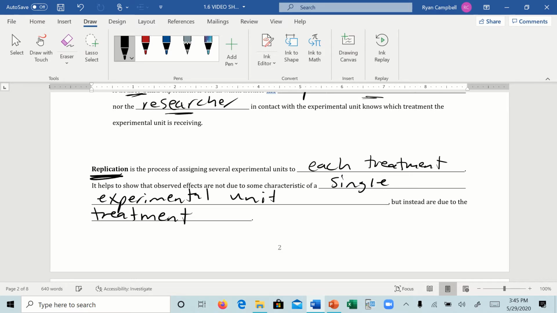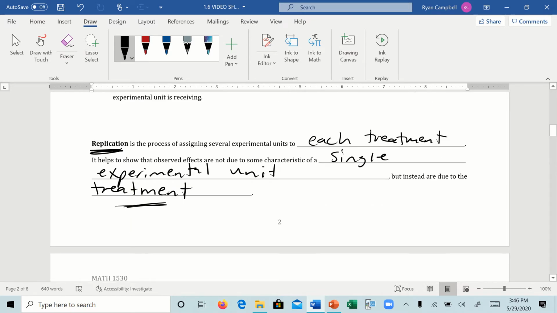So you want to do the process of experimentation over and over with many different experimental units or many different types of subjects, because it could just be genetics, right? A single subject might be getting some good effects, not because of the treatment, but just because that's how their body is wired. So you want to make sure to look at several different experimental units to see if it is the treatment or not.